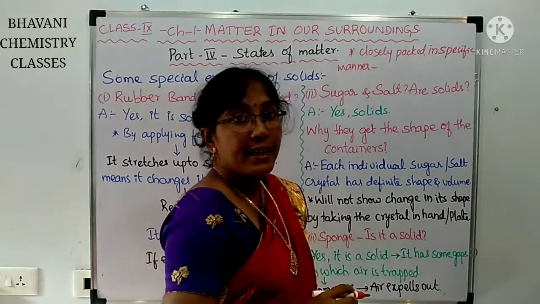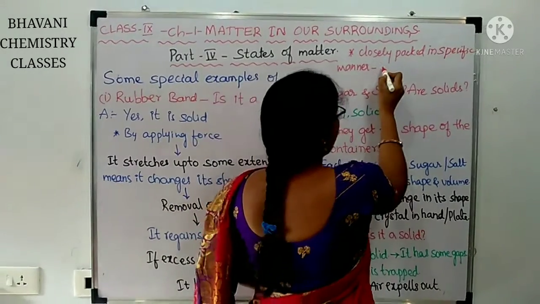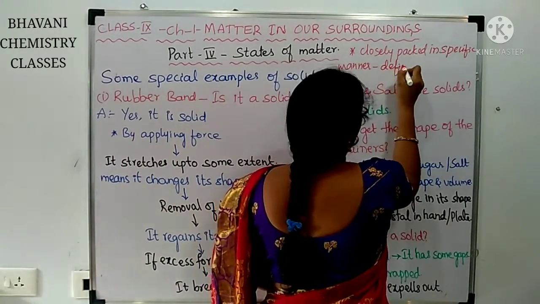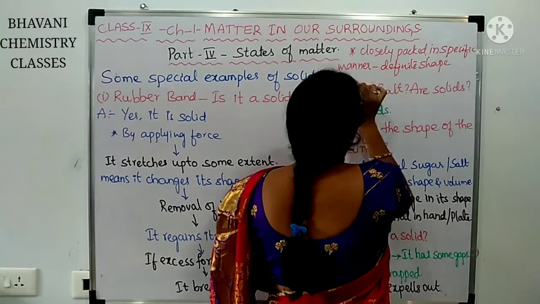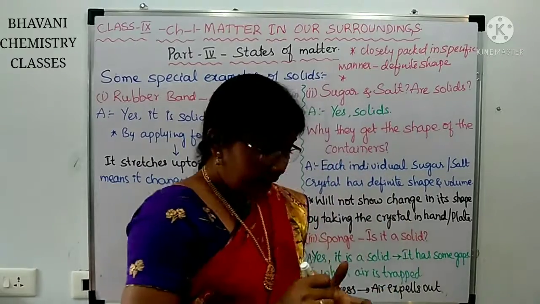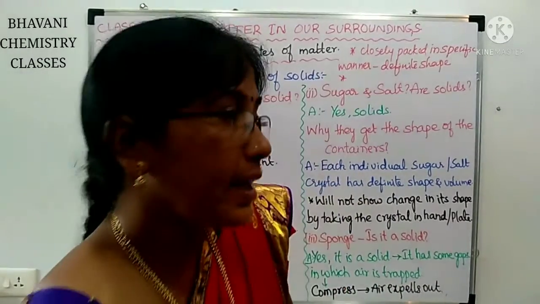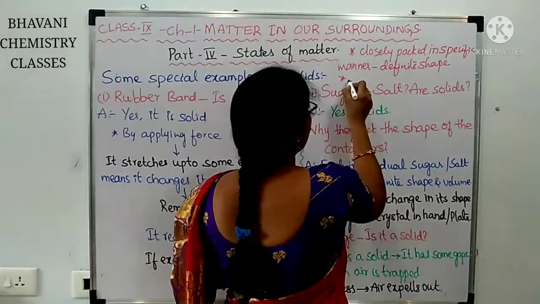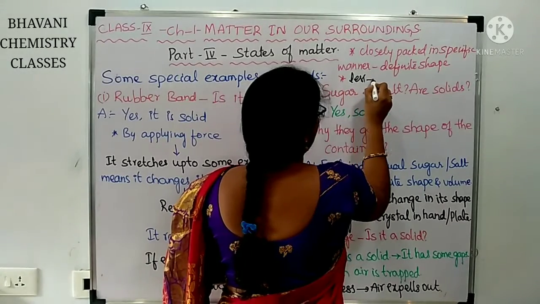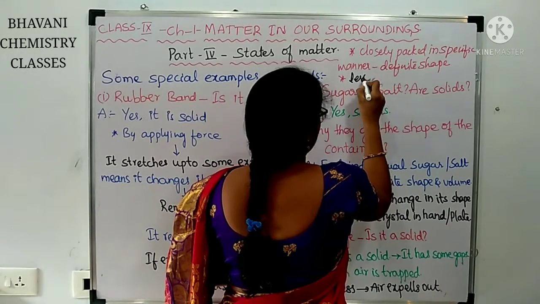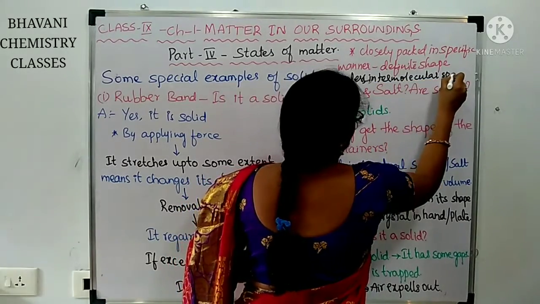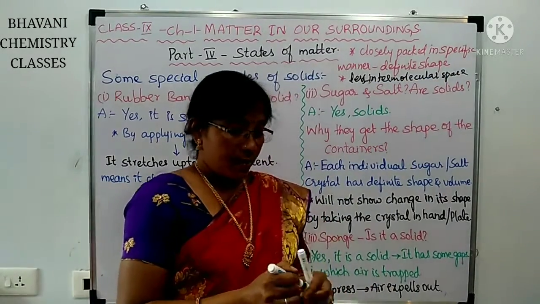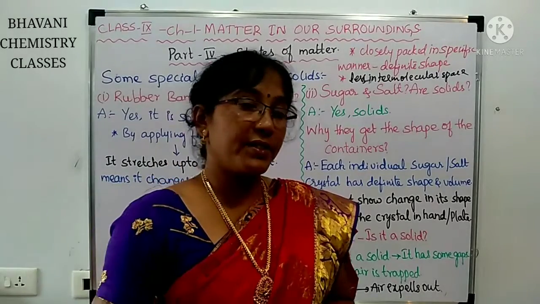This is the reason the solids have definite shape. And the intermolecular space will be less. Okay, these are the properties of the solids.